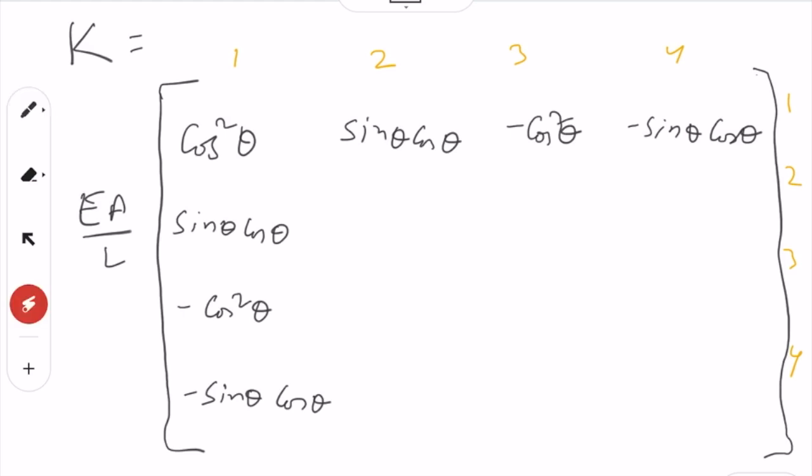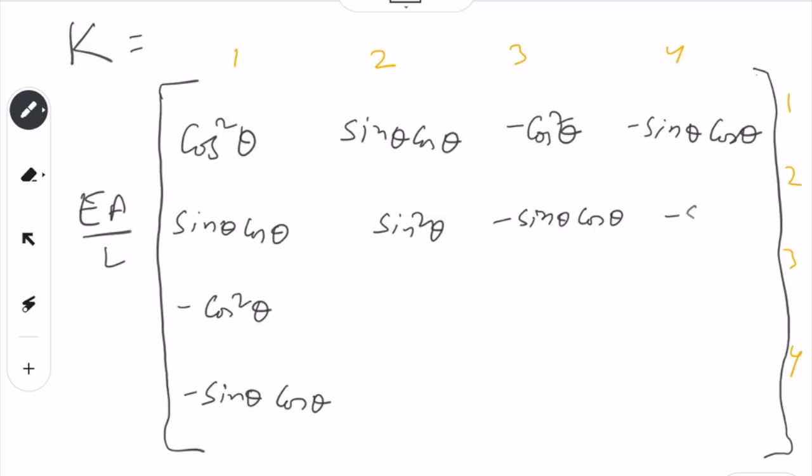Other things we got this one, and then next we got k22, which was sine square theta. So we write sine square theta. Now this term is the negative of this term because the forces in the x direction have to be 0, and what we got is minus sine theta cos theta. So we write minus sine theta cos theta, and this term becomes minus sine square theta.